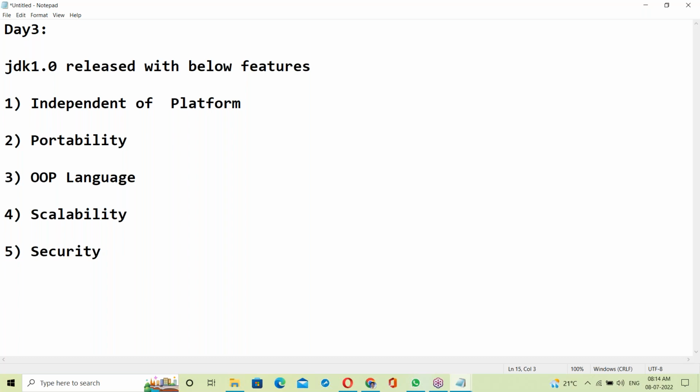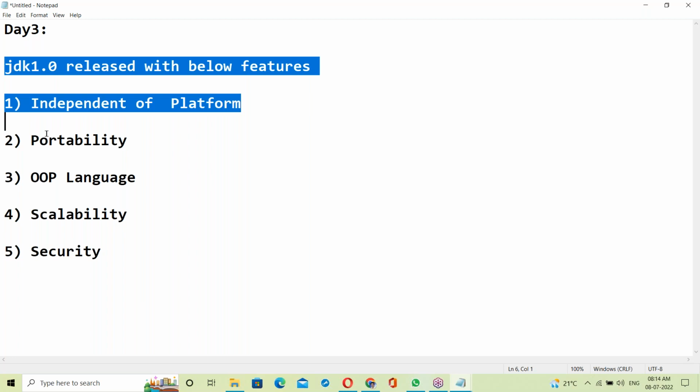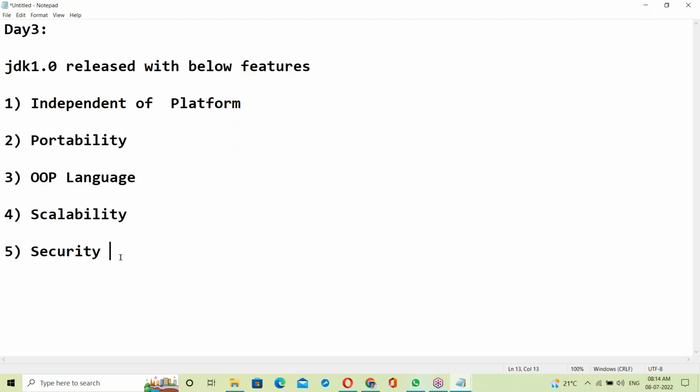See guys, to understand all these initial features, you must have some basic software knowledge. Before going to these features, we'll discuss some basics, like OS. What is OS? Operating system.